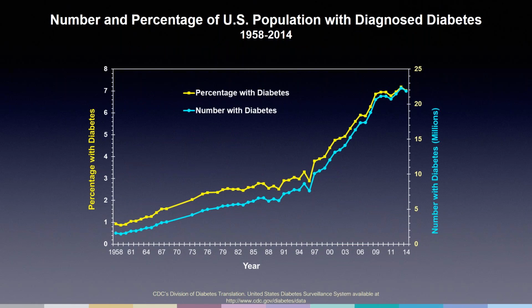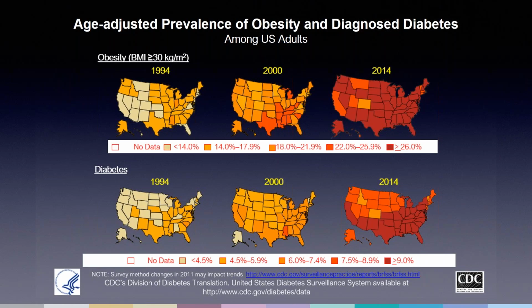Now, the number and percentage of people with diabetes in the U.S. is going up dramatically over the last several decades. And that can be correlated with the epidemic of obesity. As you can see on the top row, the prevalence of obesity has been increasing over the last 2 decades.